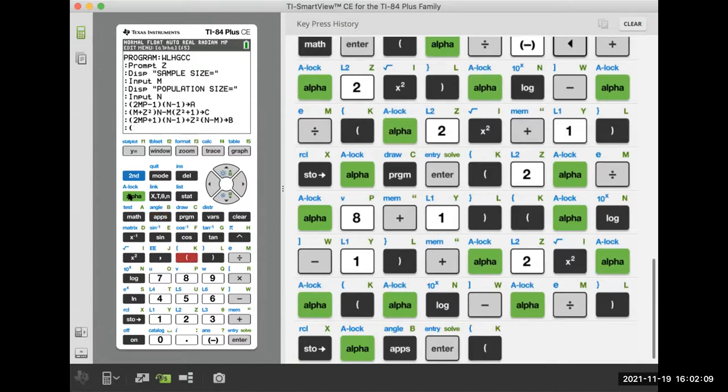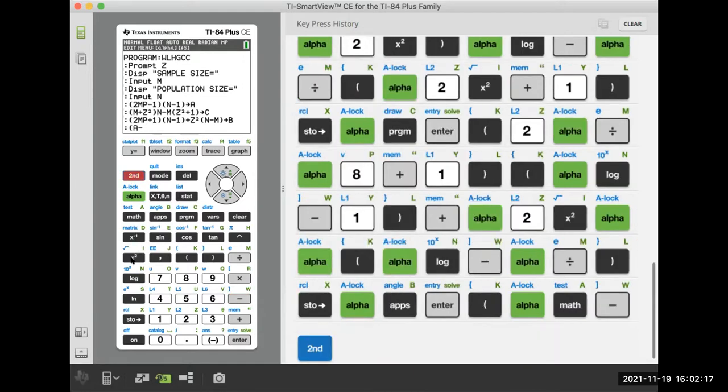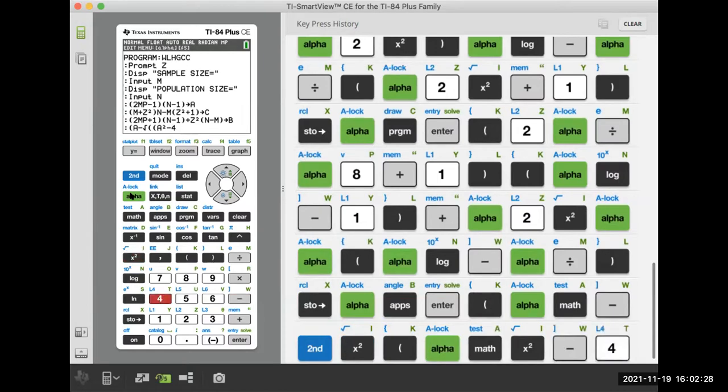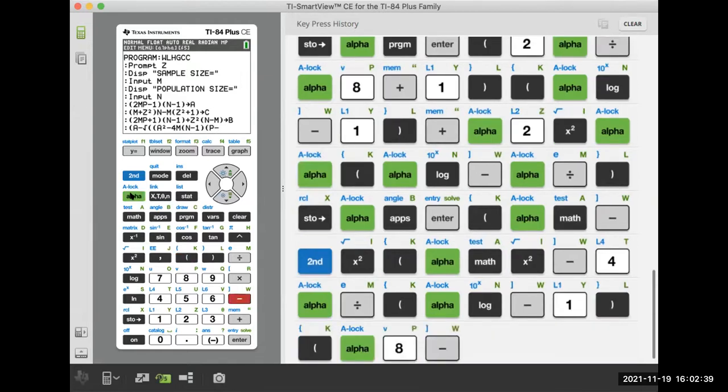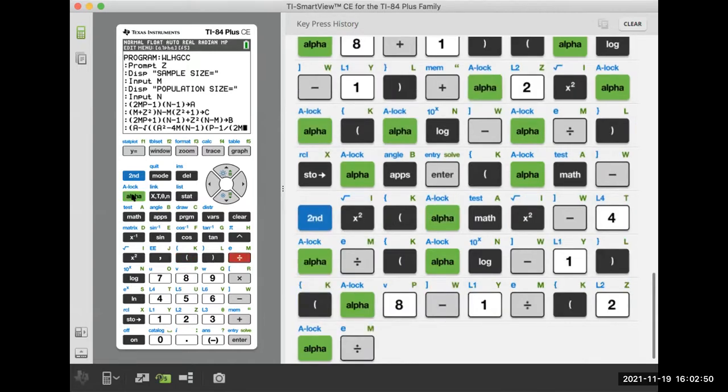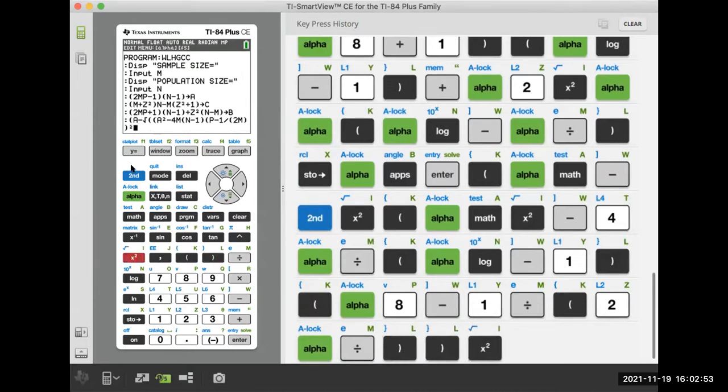And lastly, let's do A minus the square root of A squared minus 4m, n minus 1, p minus 1, divided by 2m squared, divided by 2c.